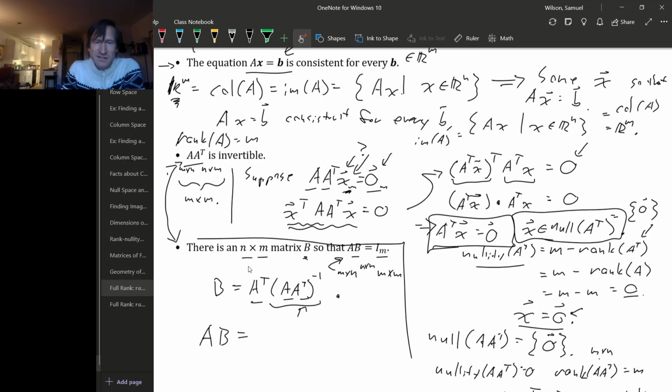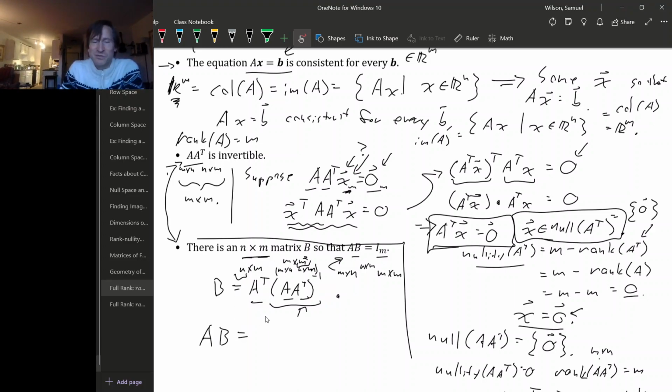A transpose is N by M, and this inverse is, well, let's see, A is M by N, A transpose is N by M, so that product is M by M, and so its inverse is M by M. And so when you do this multiplication, you get something of size N by M, which is what we said.